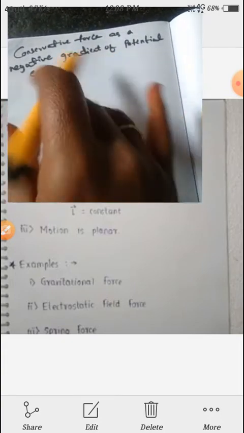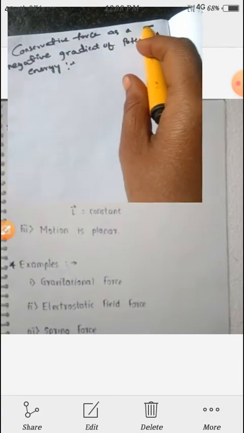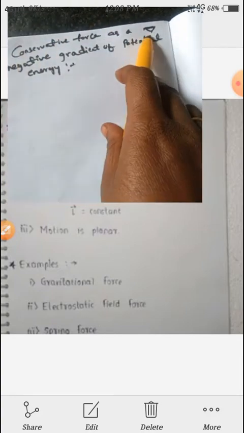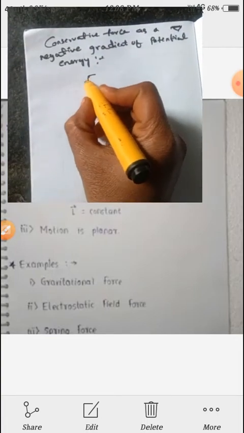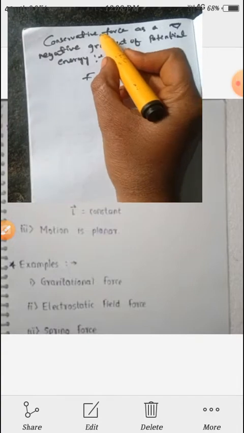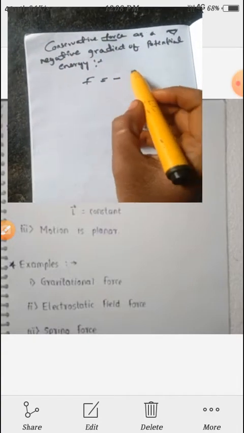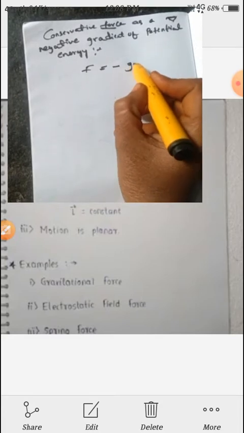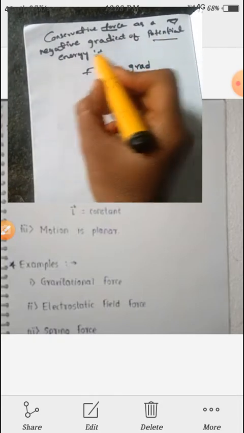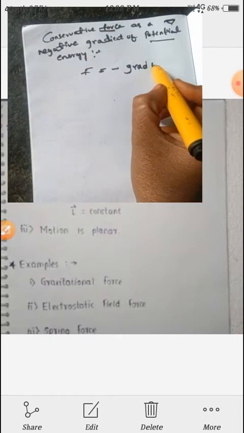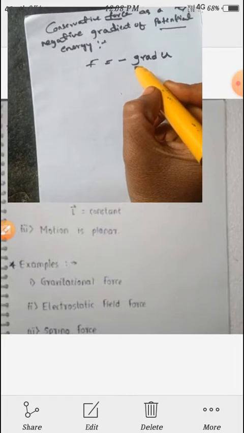Potential energy is denoted by U. So F is equal to minus grad U.